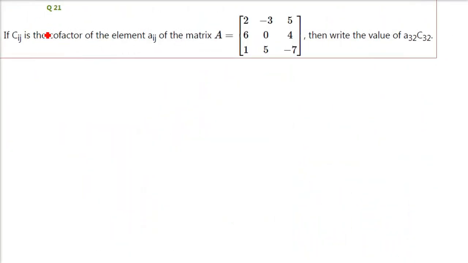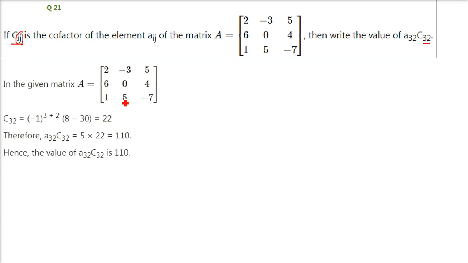If C subscript ij is the cofactor of the element Aij of the matrix A, then write the value of A32 times C32. This 32 is the subscript. So this cofactor and the value have to be multiplied. In order to do that, let me tell you how to find the cofactor, because the value is already there.